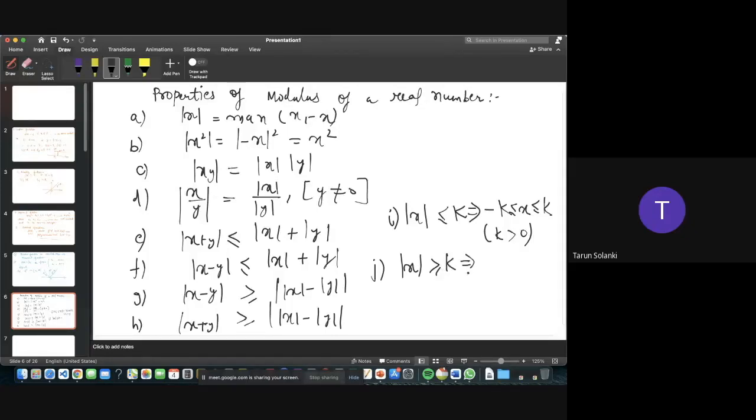So we can say here it's x is less than or equal to -k or x is greater than or equal to k, and k is greater than 0, right? So these are some properties of a modulus function.